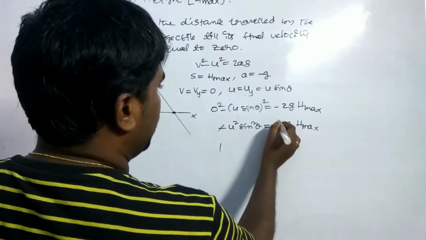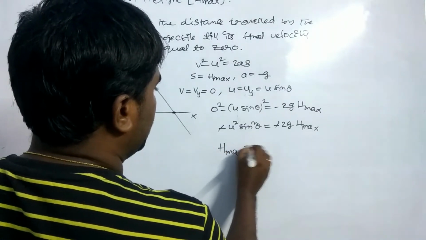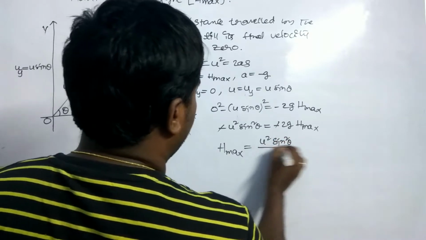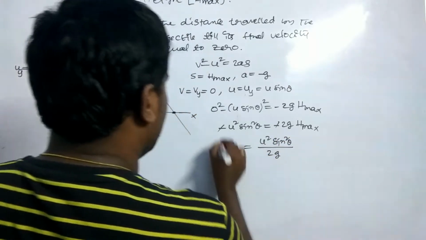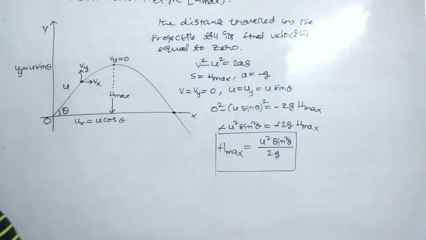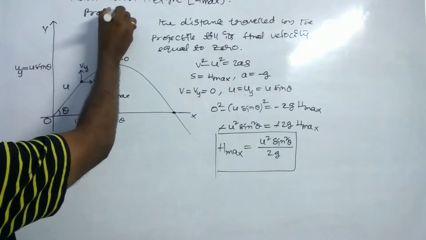Minus and minus get cancelled out. H maximum is equal to u square sin square theta by 2g. So this is the maximum height of the projectile, in case of a projectile.